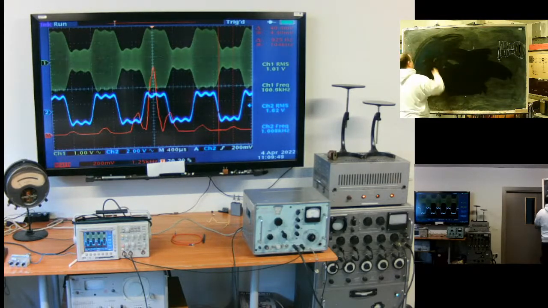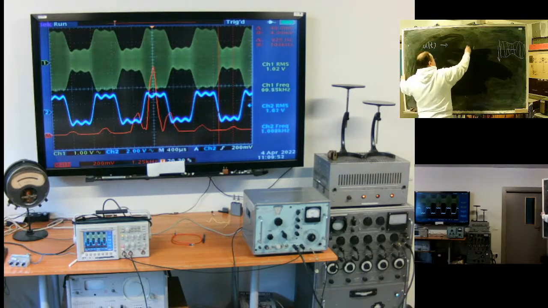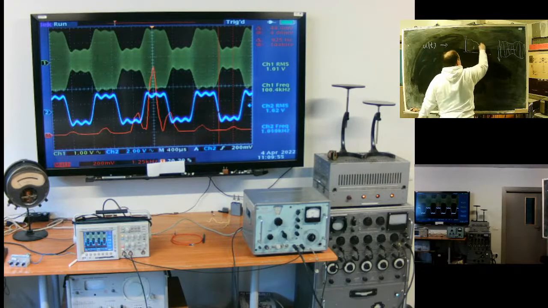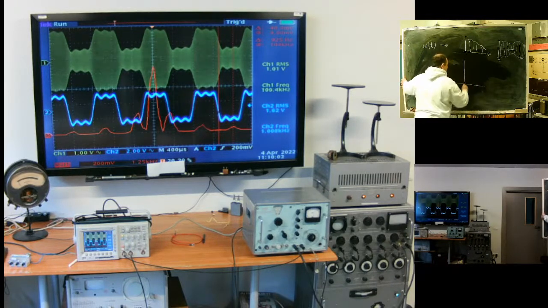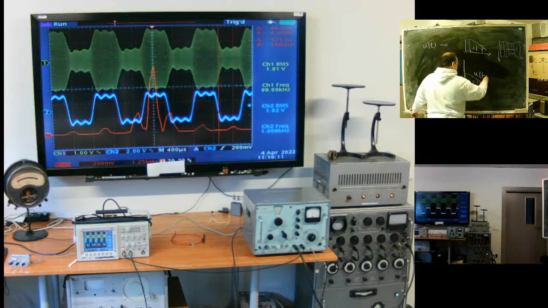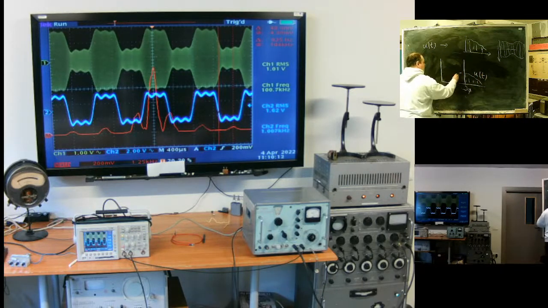So if we have a transferable signal with a spectrum, I don't know, something like this, we will see. Omega 0 is the carrier, one spectrum and its mirror.